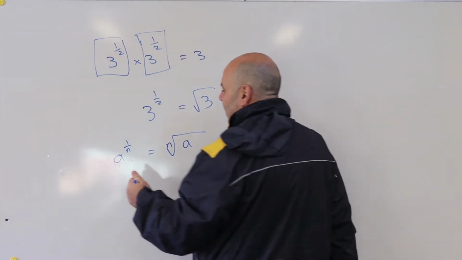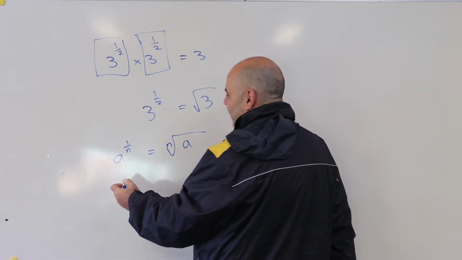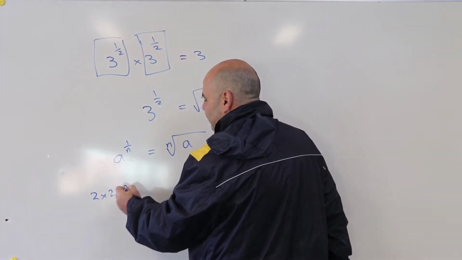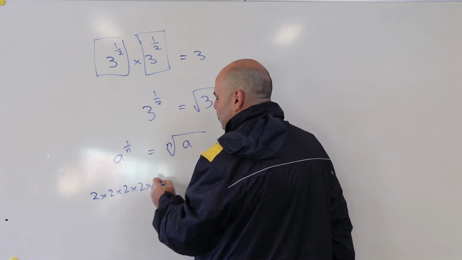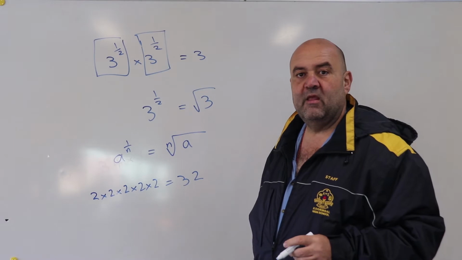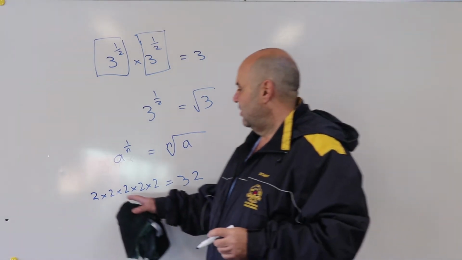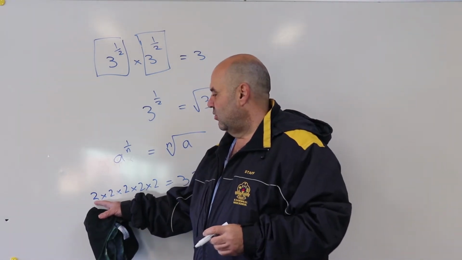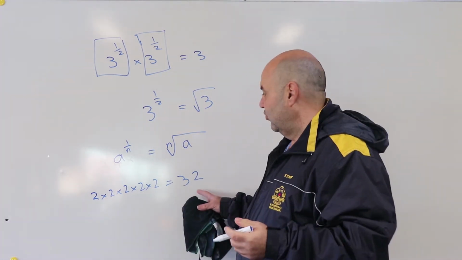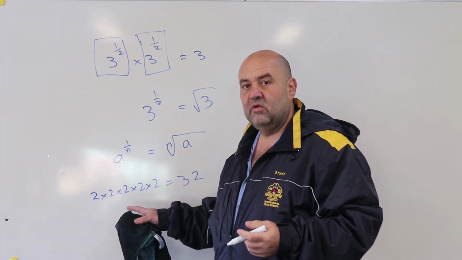Let's say I come along and I say that 2 times 2 times 2 times 2 times 2 is 32. Okay. In other words, the number that I multiply by itself 5 times to equal 32 is 2.